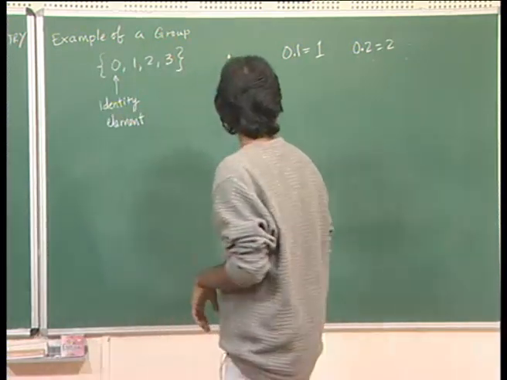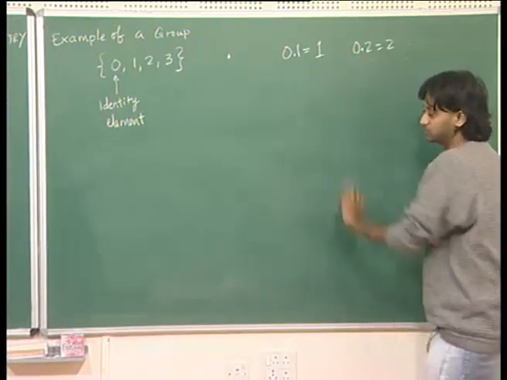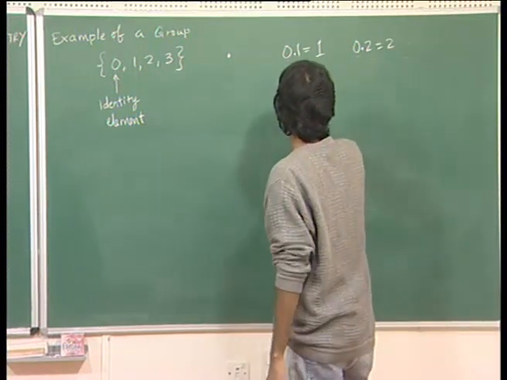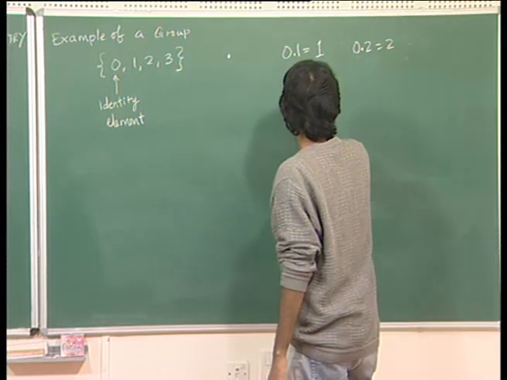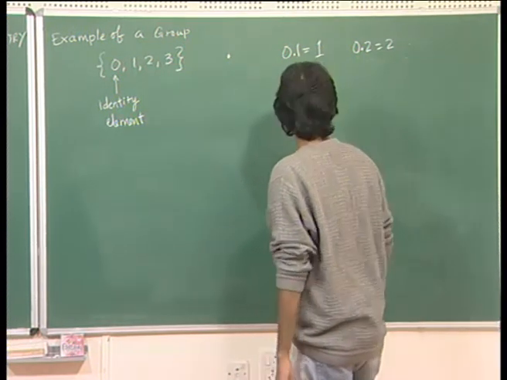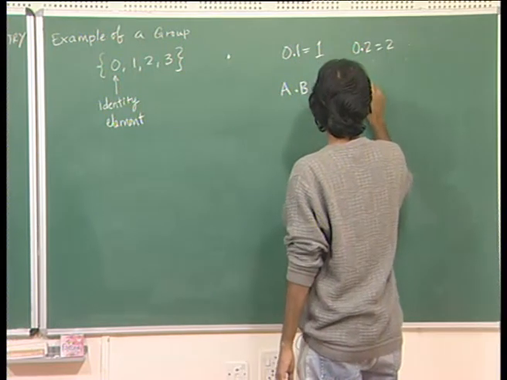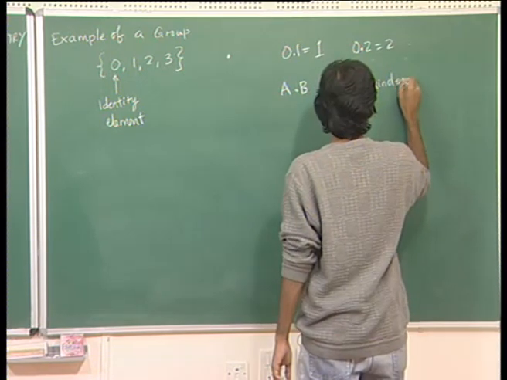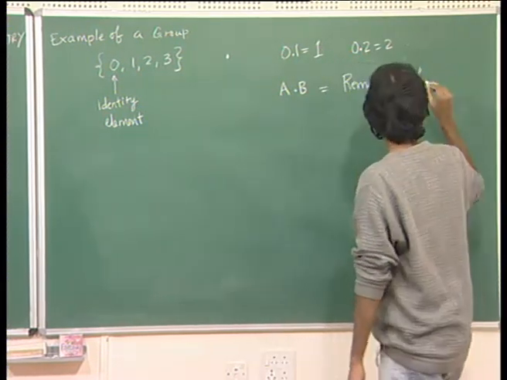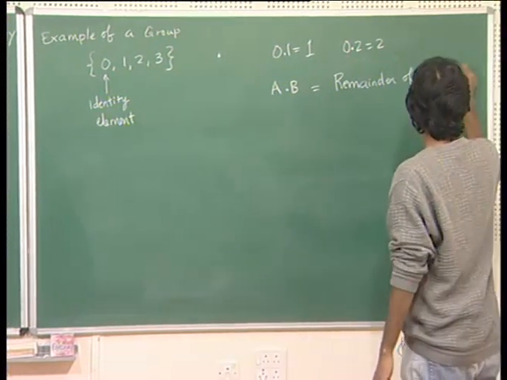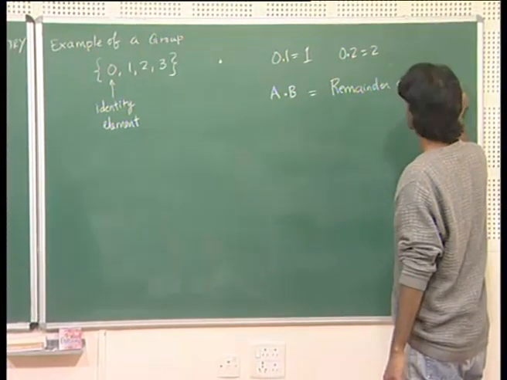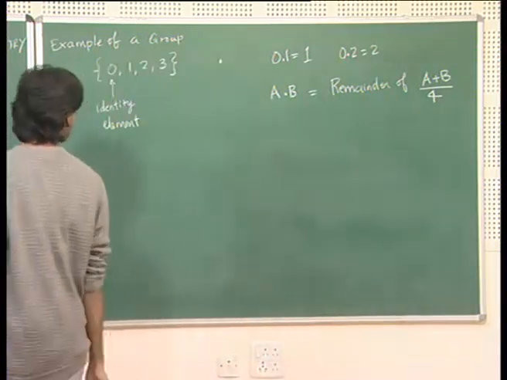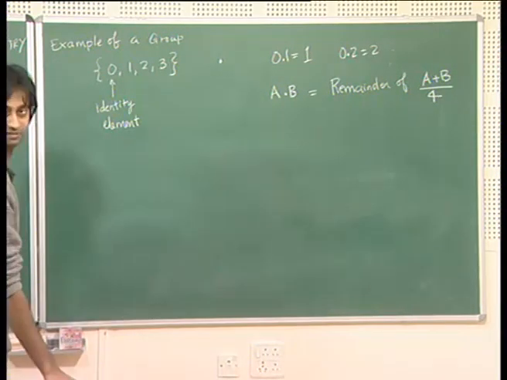Now, you have to specify more about this binary operation. I will define my binary operation on any two integers: A dot B is equal to the remainder of A plus B divided by 4.